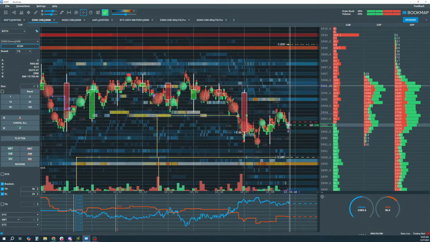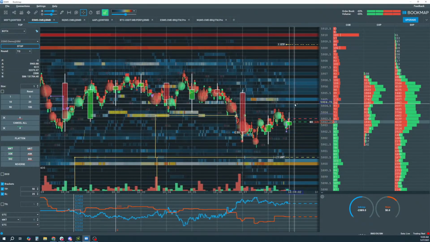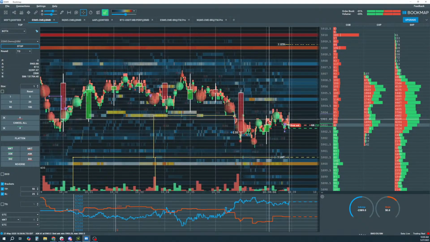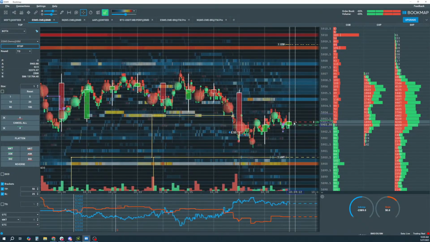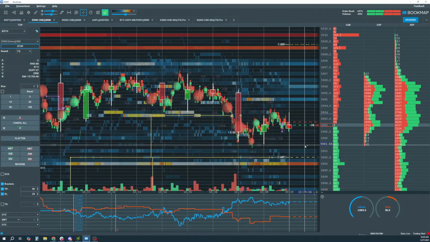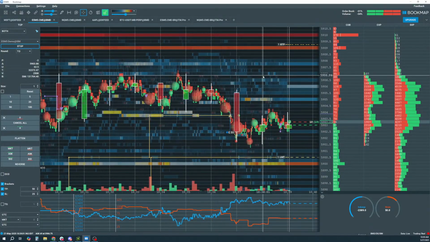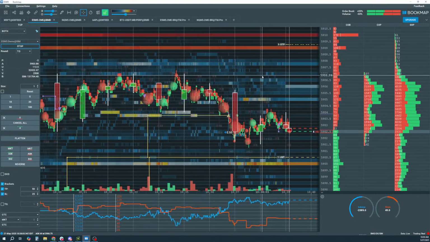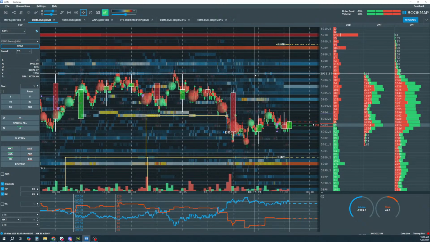Okay, so now I just added into it because this volume in here was quite a bit lower than this volume in here. So now I'm looking for sellers now to move it. And let's see if they can.